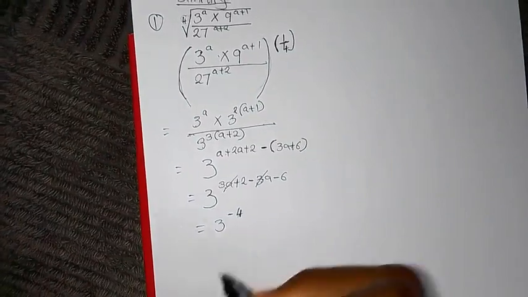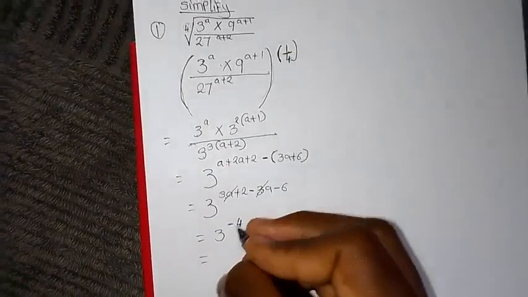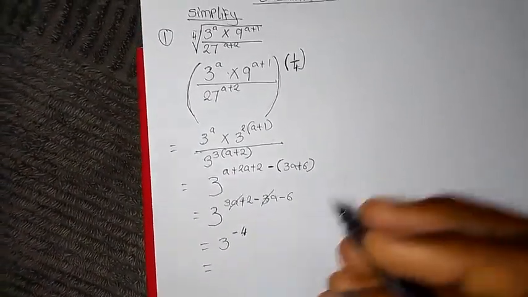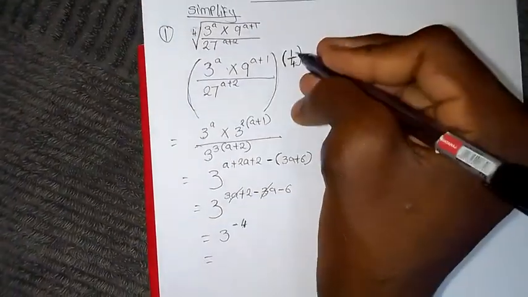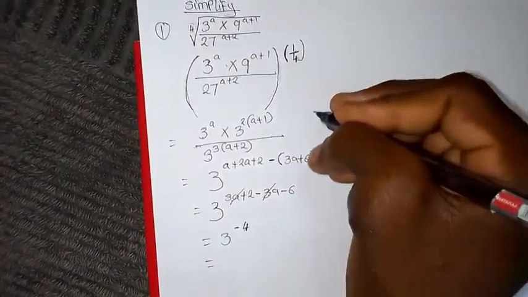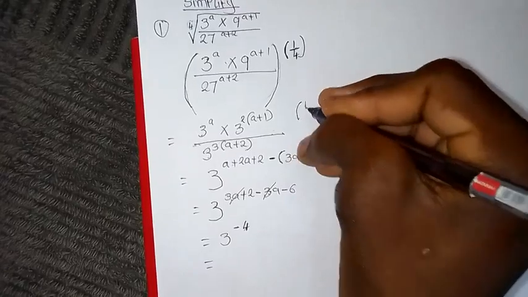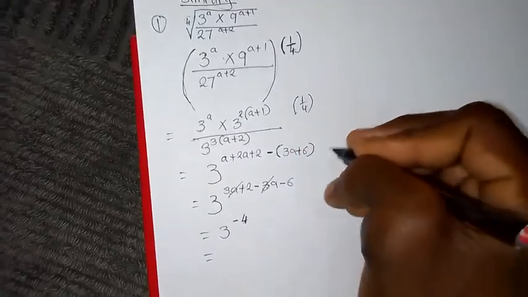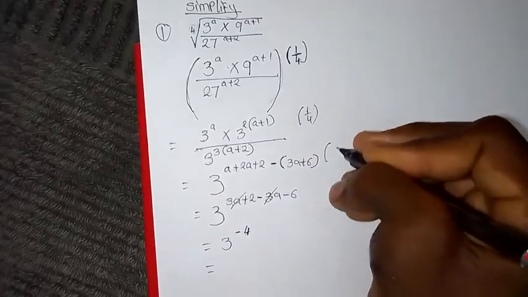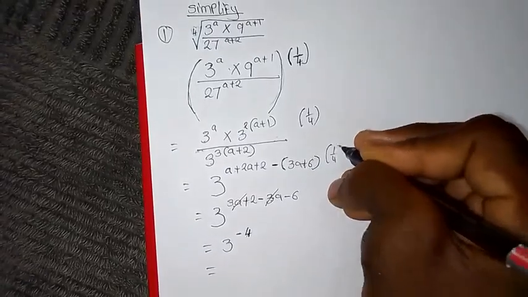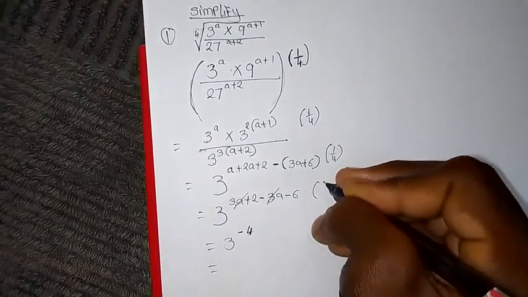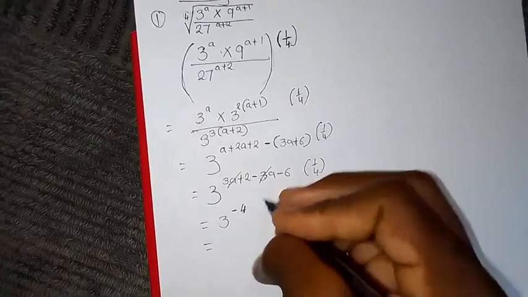So the negative, we have to... this power here was supposed to be dropping here, it drops here, it drops, and it also comes here.